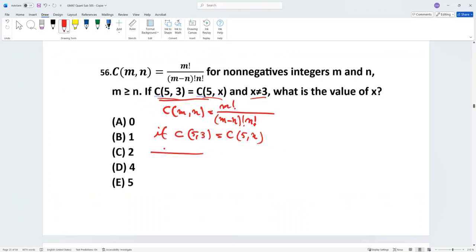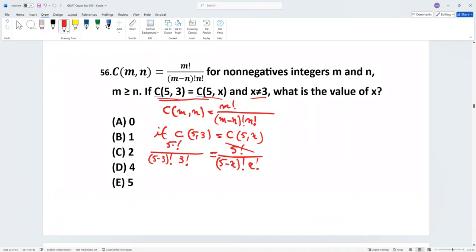That means 5 factorial over (5 minus 3) factorial and 3 factorial is equal to 5 factorial over (5 minus x) factorial and x factorial.